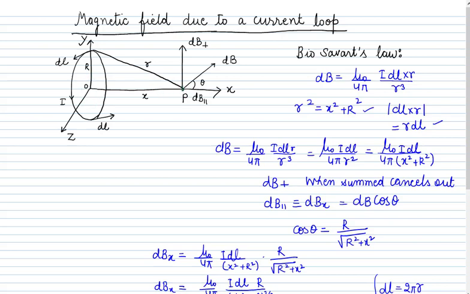So this is the formula we get, and if we shift this point P to the center of this loop, that means this distance x becomes 0, because x is the distance from the center to point P. If you shift this point P to the center O, then the value of x will become 0, right? So then you can easily get the value of magnetic field at the center of the loop. So that is a special case. So we'll write down when the value of x is 0, then we can calculate the magnetic field at the center of the circular loop.